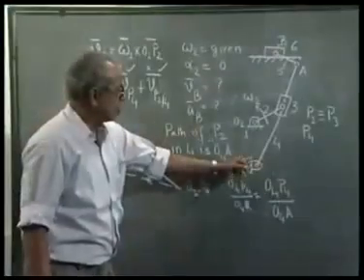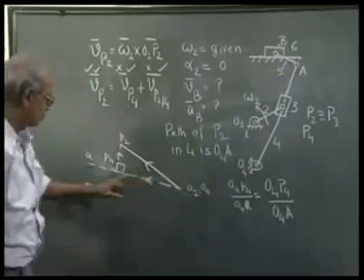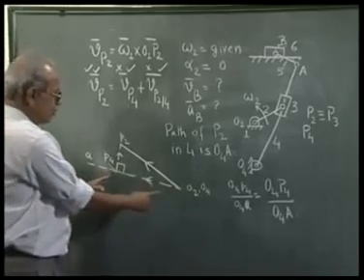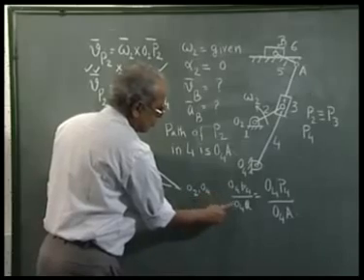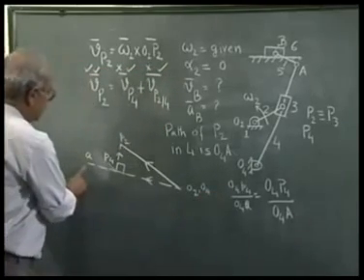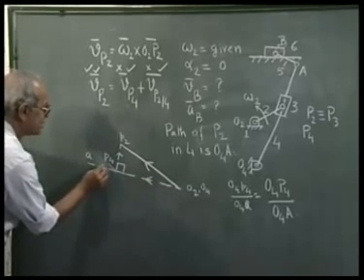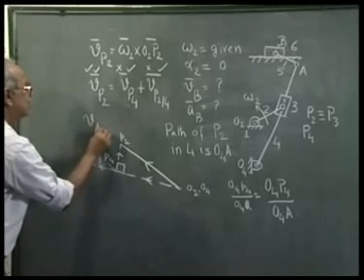Here, as you see, O4 P4 A are in one line. So, here also small o4, small p4 and small a are in one line, and the ratio is also the same. O4 P4 by O4 A is o4 p4 by o4 a. So, I determine the point a, and this o4 a determines the vector VA, velocity of the point A.